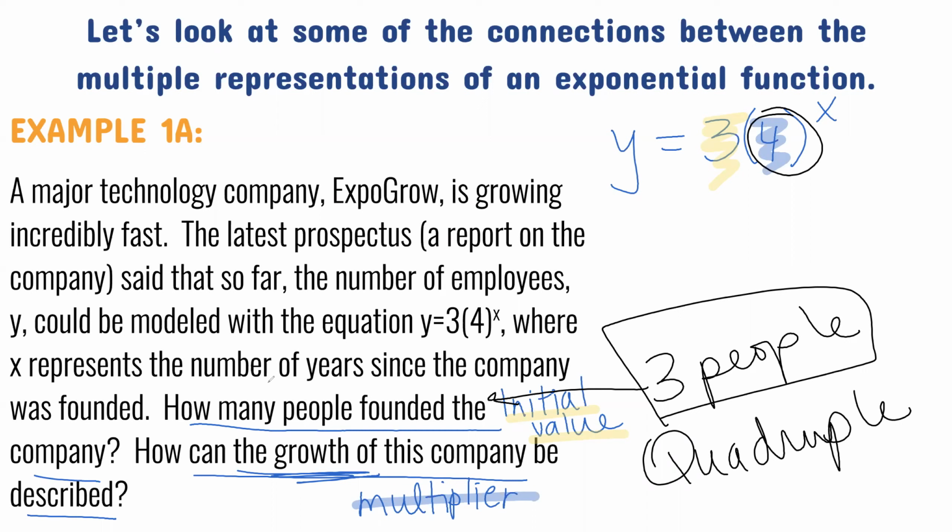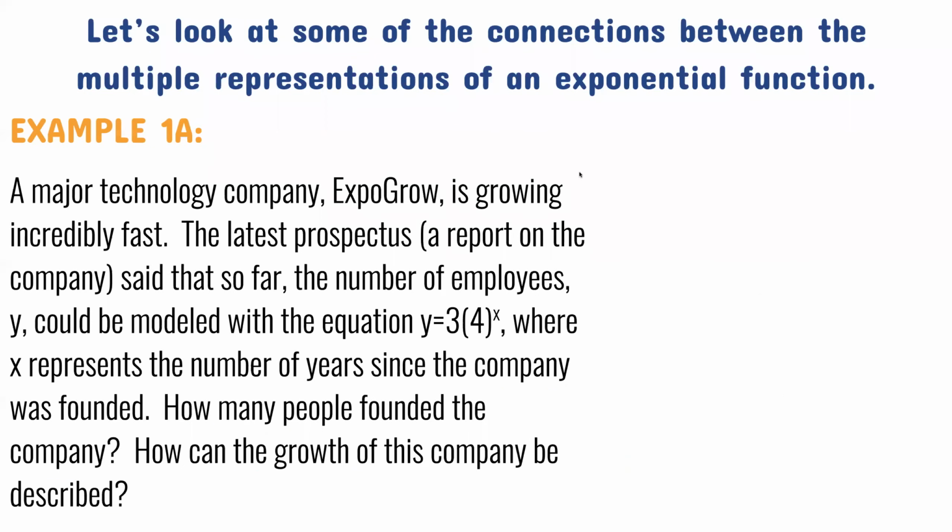Yes, number of years. Okay, so very simple. We took a confusing looking word problem and decoded it. We know that 3 is the initial value, the starting value. 4 is your multiplier. What are you doing to the term each time? You're multiplying it by 4.